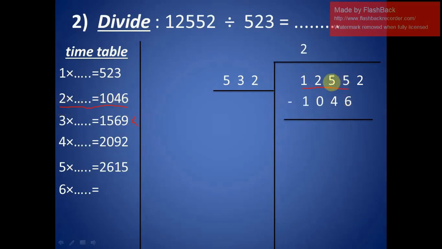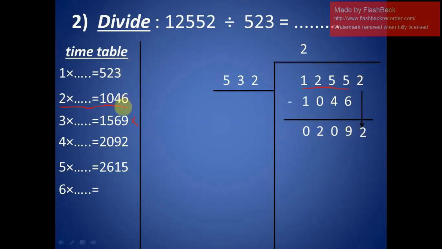5 take 7 impossible, borrow 1 and 5. 15 take 6, 9. 4 and 4 is 0. 2 minus 0, 2. 1 and 1, 0. 209 is a remainder. We must write down 2. The new dividend 2092.